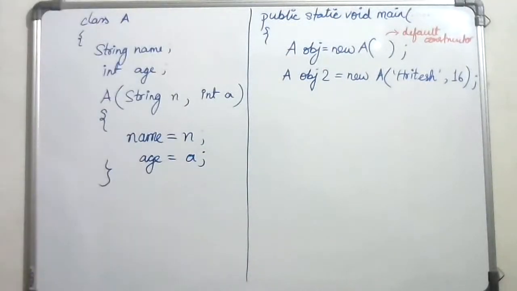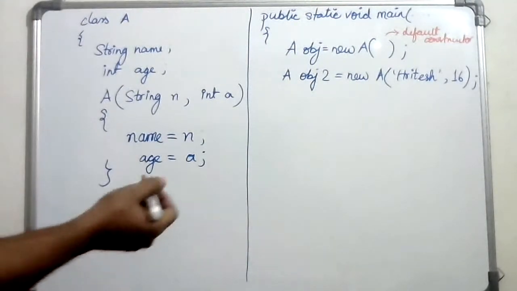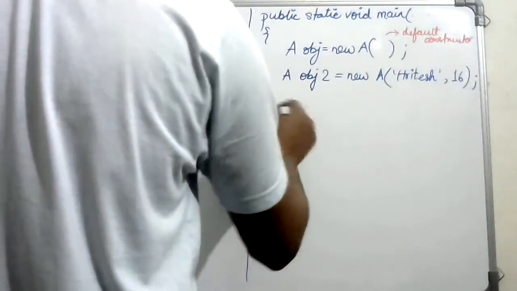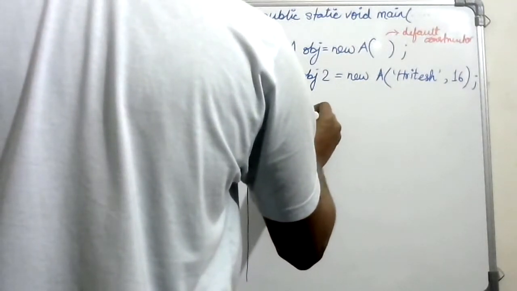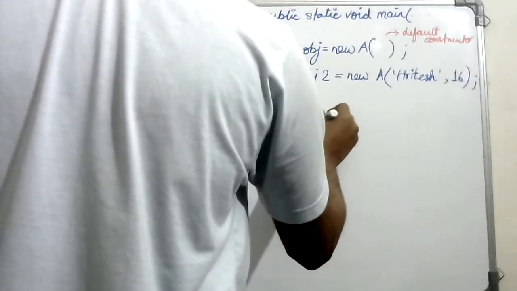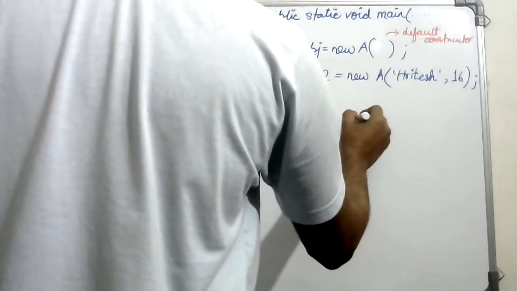But in case of the first object, since it is initialized by the default constructor, I'm just writing the values. So obj name will be null.